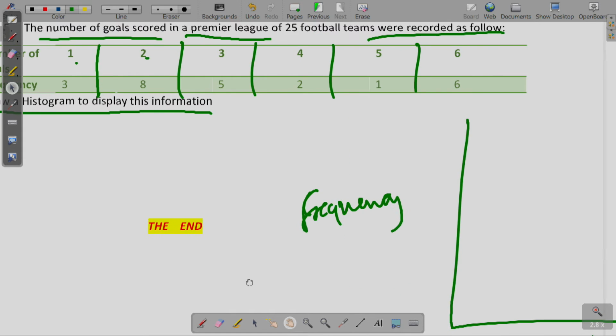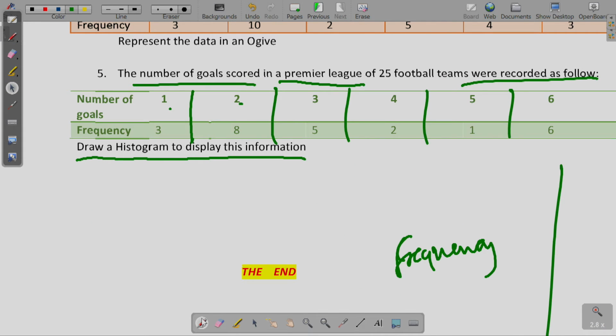But from our table, we have number of goals 1, 2, 3, 4, 5, 6, which is in singular form, not in group form. So this acts as class mark when we want to draw the histogram.